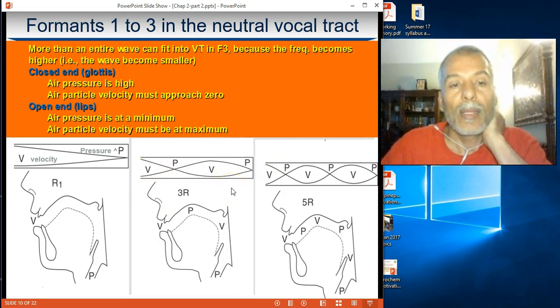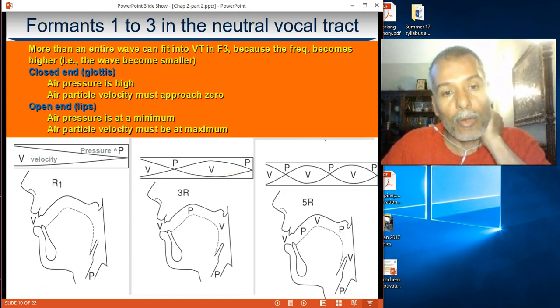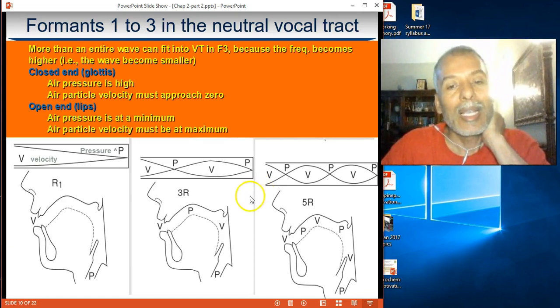And then the fourth time that should have occurred, it would have been called R4, but we said that would be an even number, where you'd have the 4/4, one entire wave completely fitting in, but that yields opposing forces, and that is eliminated.